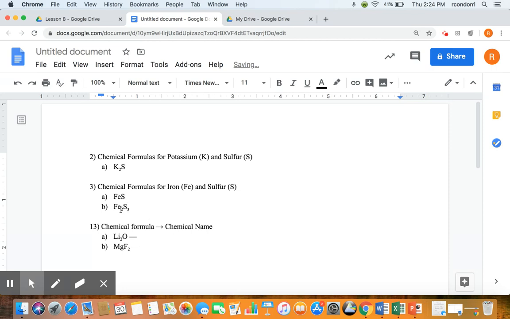That means you need 2 +3 charges, so that's a total of +6 for the iron, to balance out 3 -2 charges, a total of -6, because +6 cancels out -6. That's an acceptable compound if this iron forms a +3 cation.